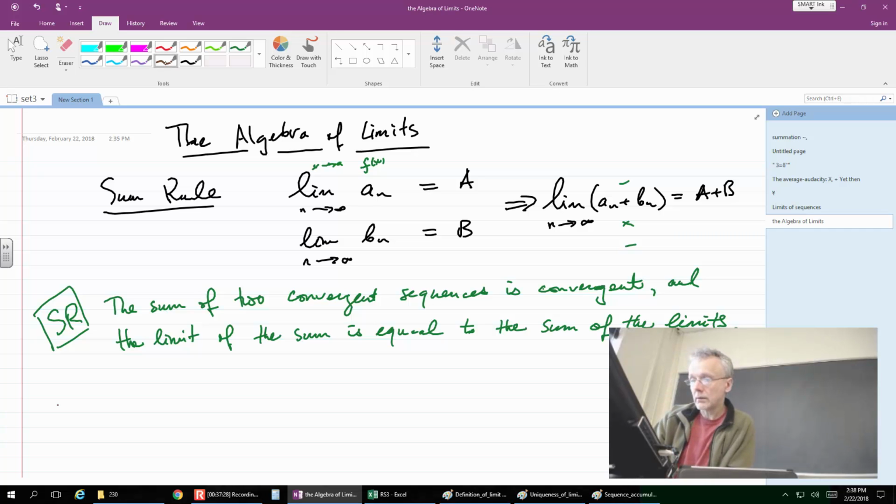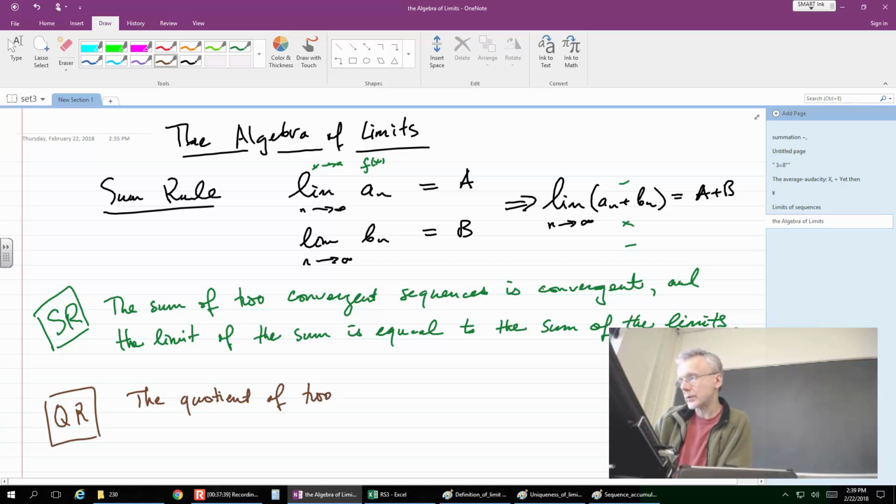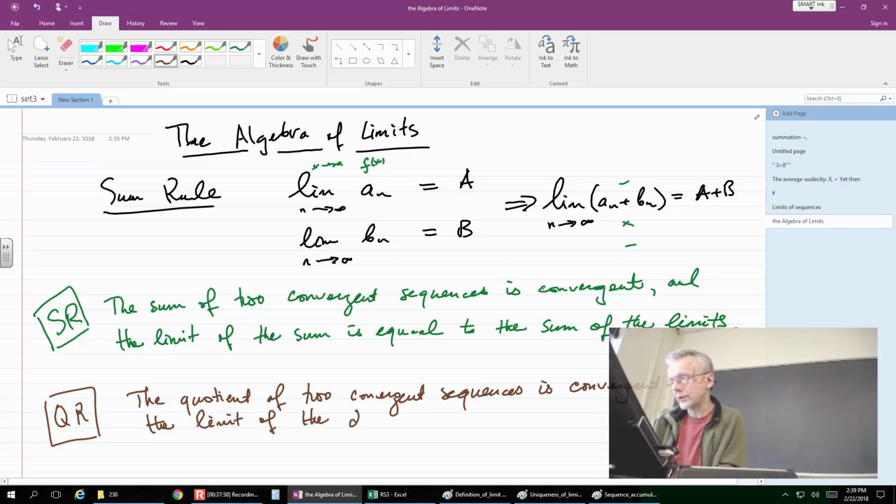So say quotient rule. If we want to be careful, the quotient of two convergent sequences is convergent when the limit of the denominator is not 0.